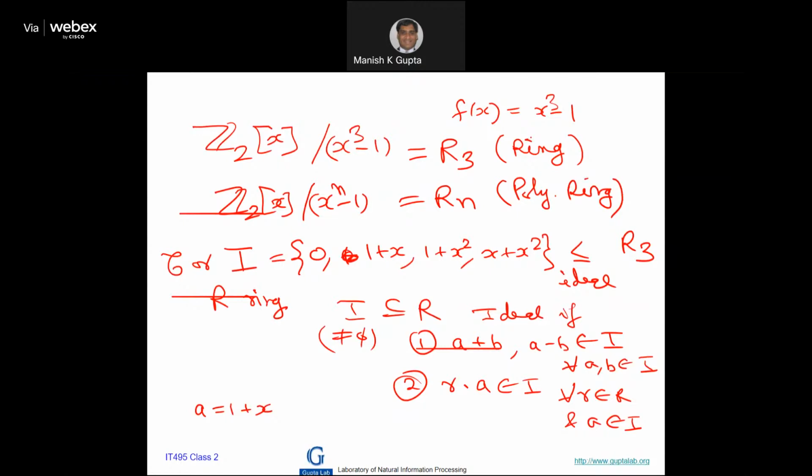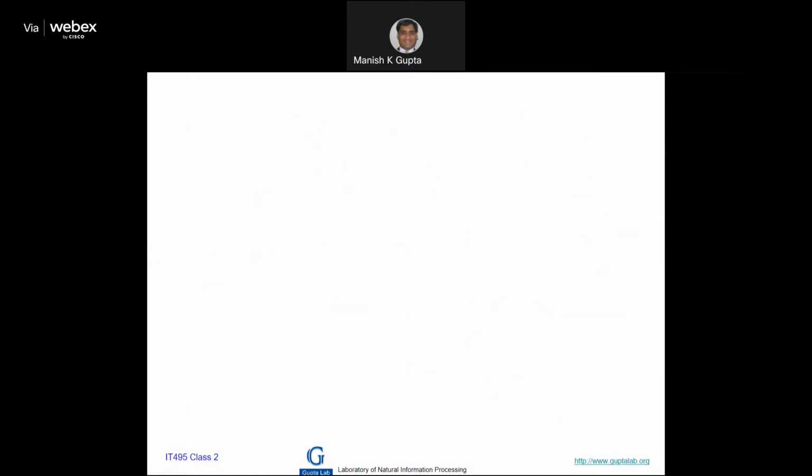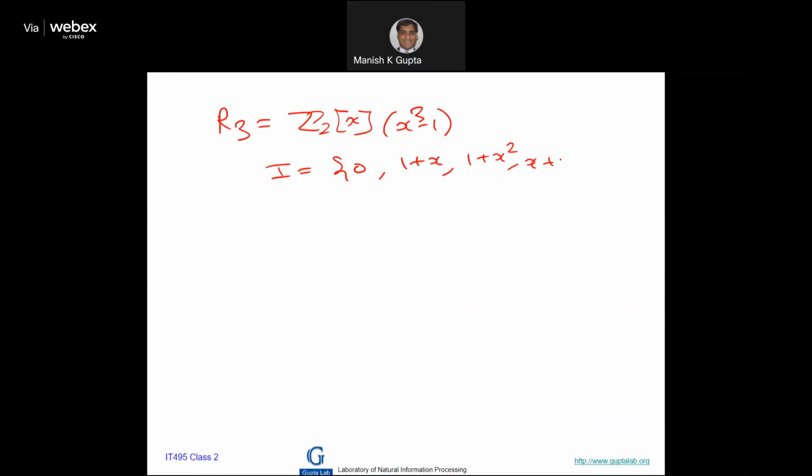So I would say that if I take, so our R3 is X cube minus 1, and I is our 0, 1 plus X, 1 plus X square, X plus X square, right?